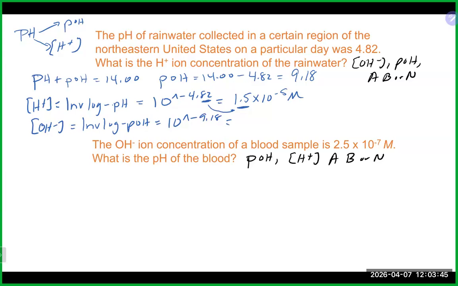And that's going to get us here, looks like maybe a 6.6 times 10 to the minus 10, which needs a concentration unit of molarity in this case. Once again, you could use Kw and you'll get basically the same thing. If you took 1 times 10 to the minus 14 divided by it, maybe you get 6.7, a little bit different with rounding, but pretty much the same deal.